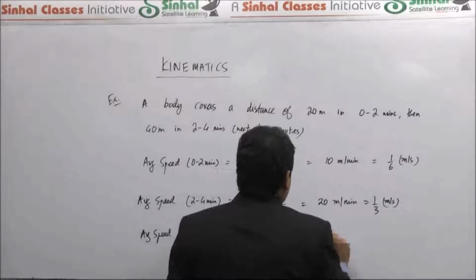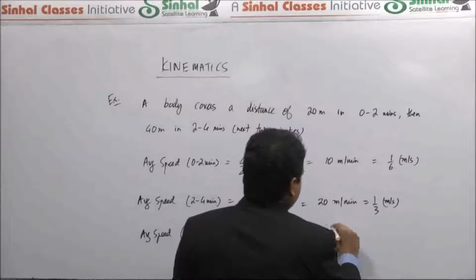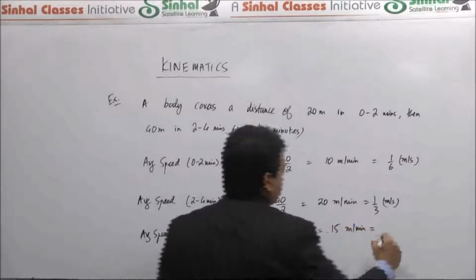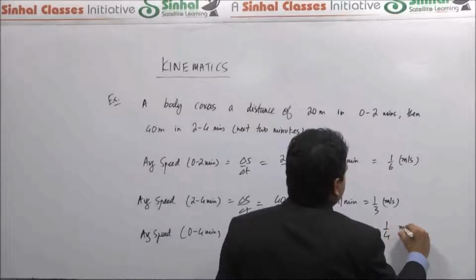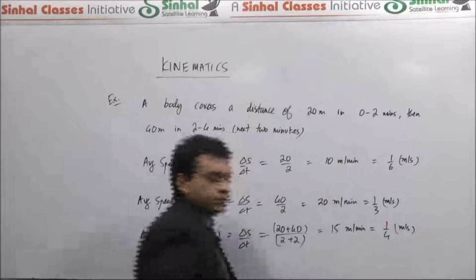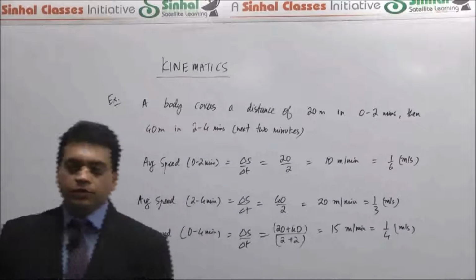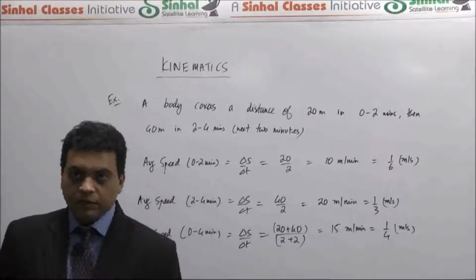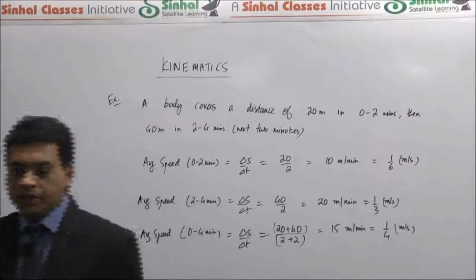So that will become 60 by 4, or 15 meters per minute. Okay, so that would be 1/4 of a meter per second. These become the individual values of average speeds in these intervals. Just take a minute to take that down, and then we'll discuss velocity next.